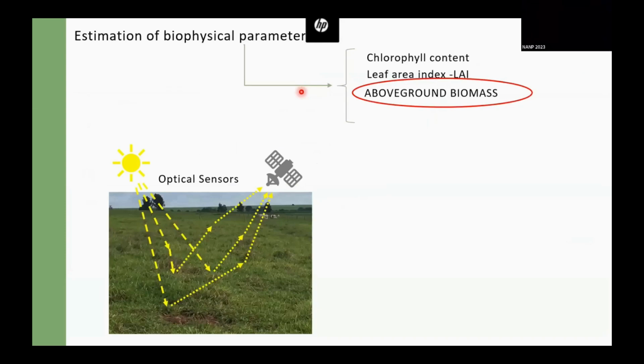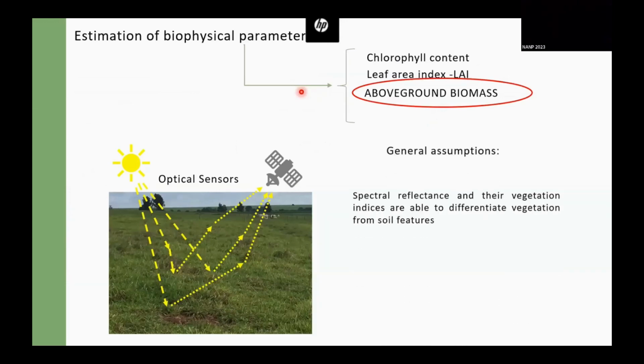So the other use of satellites in grazing systems is to estimate these biophysical parameters, and right now I'm focused on estimating the above ground forage biomass. The general assumption is that if I have the spectral reflectance and the vegetation indices, these can differentiate vegetation from soil features.